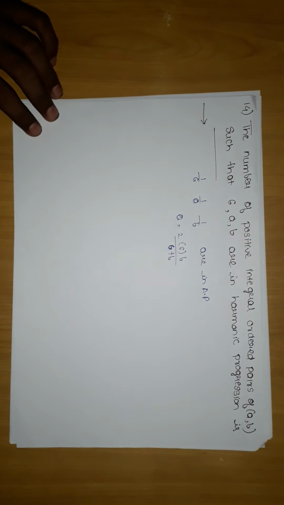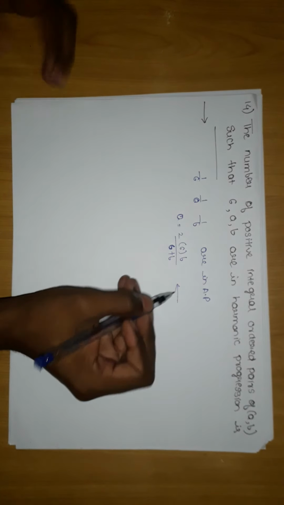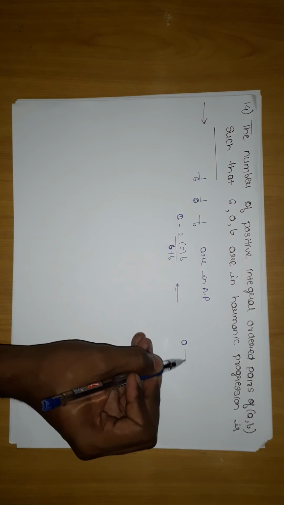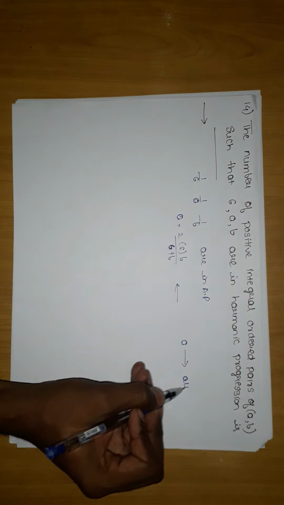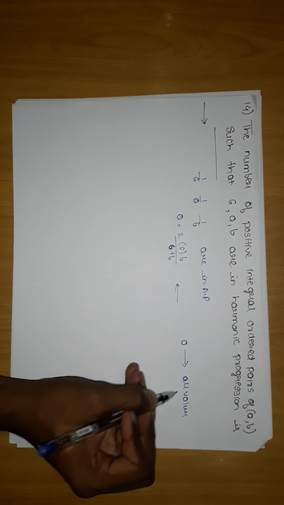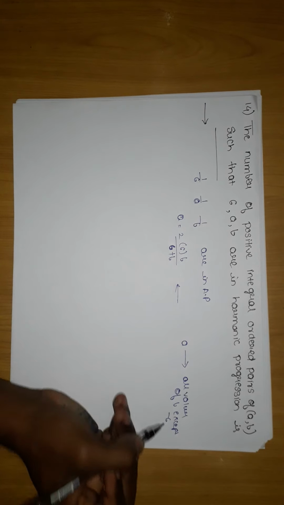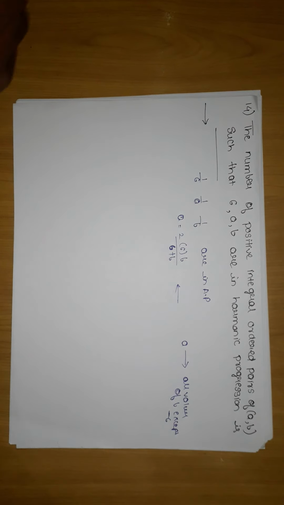So I got a's dependence on b, that a satisfies all values of b except minus 6, where it will become undefined. So except minus 6, every value is acceptable. Many ordered pairs will be formed.